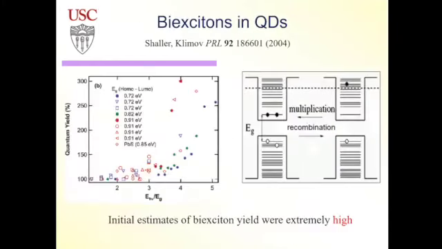This is the idea that Victor Klimov at Los Alamos, who also gave a talk at that conference a couple of weeks ago, showed: you have a band gap, Eg. If you excite at an energy at least twice, but actually 3 times more than the band gap, you can generate more than one electron hole pair.